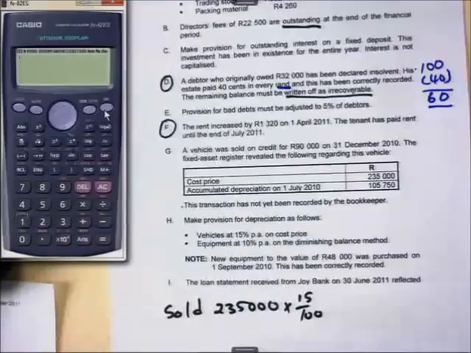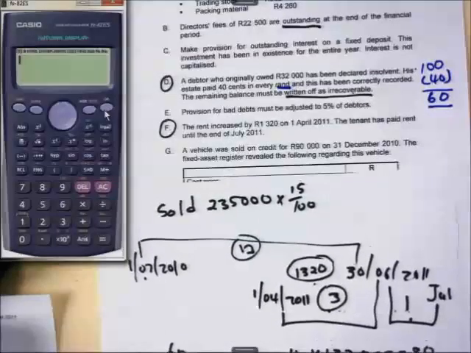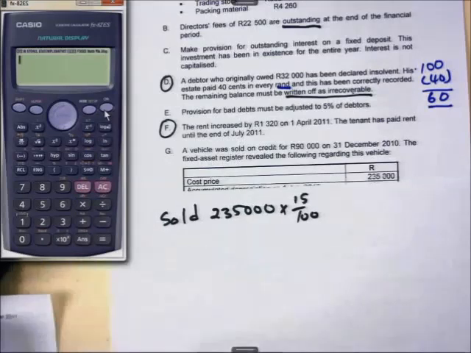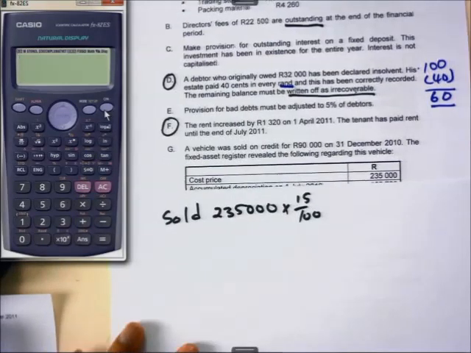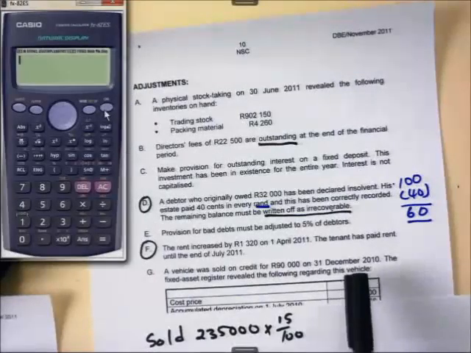So we must check the accounting period first. Remember, when we calculated the rent adjustment, we identified our accounting period as 1 July 2010 to 30 June 2011. They say the asset was sold when? It was sold on 31 December 2010.